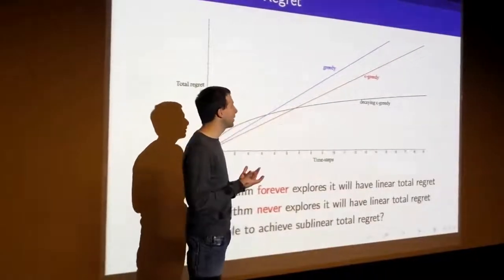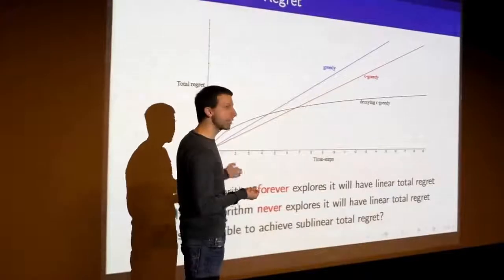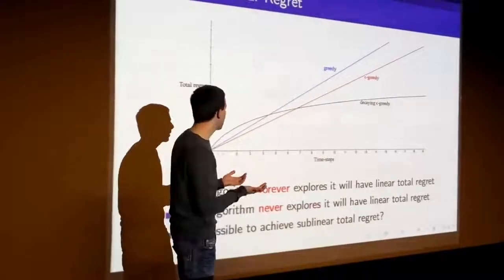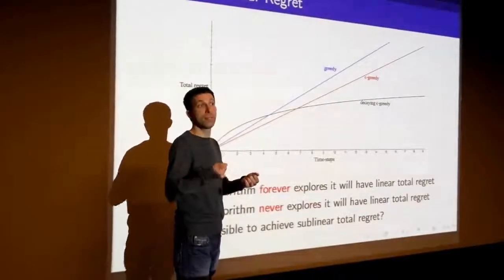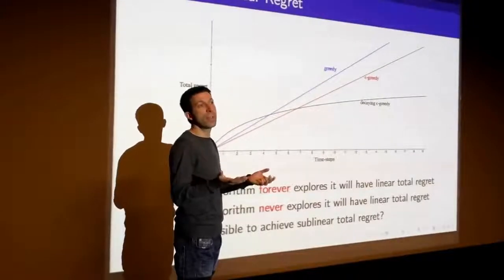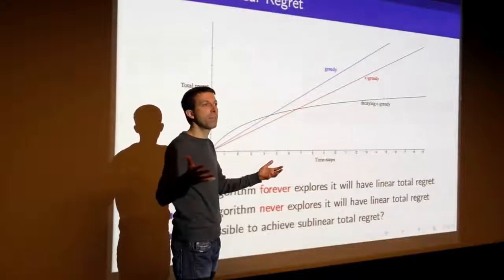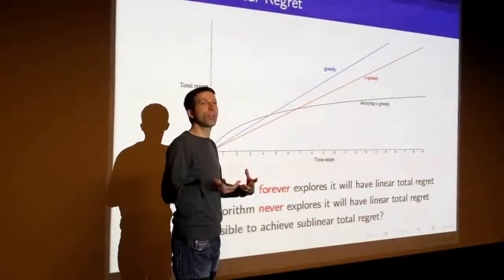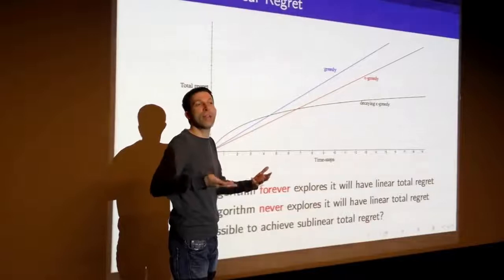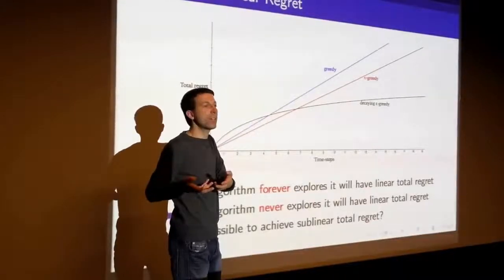Well, what's going to happen is that every single step in expectation, there's some probability that we'll pick the best action, but there's also some fixed probability that we'll pick completely at random. And if we pick completely at random, that's always going to incur some regret unless we just stumble accidentally upon the best action.